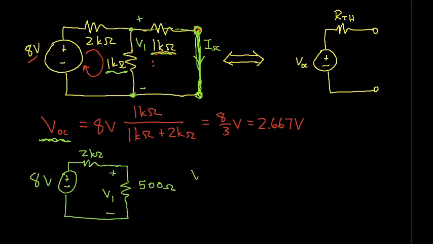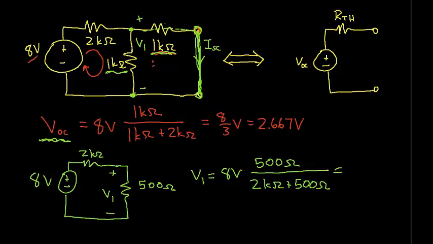So I can say then that V1 is, using the voltage divider, 8 volts times 500 ohms over 2k ohms plus 500 ohms, which in this case is going to be 8/5, which I can write as 1.6 volts.